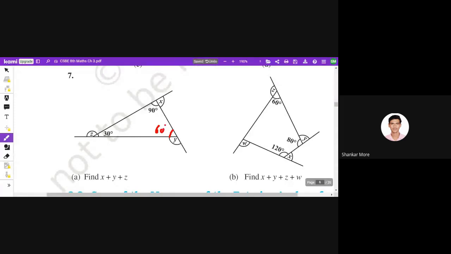Okay. So x is 90, y is 120, and z is 150. So calculate it, how much? 90 plus 120 plus 150, so it is going to be how much? 300.